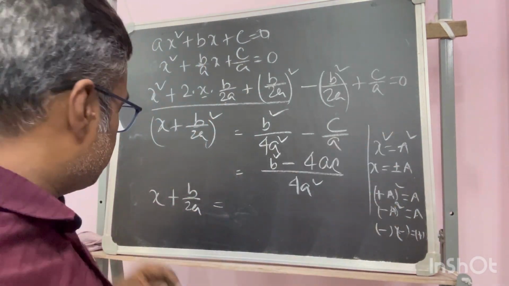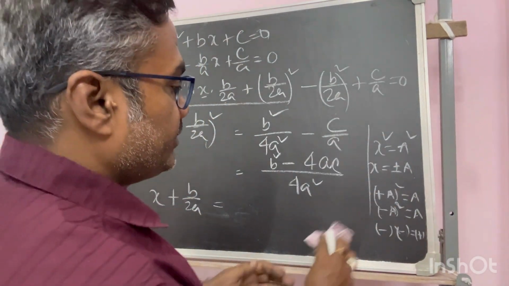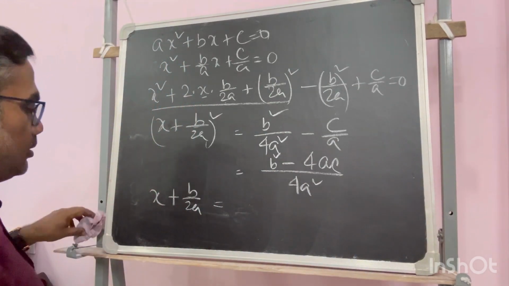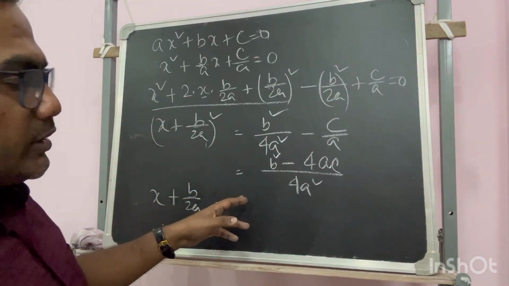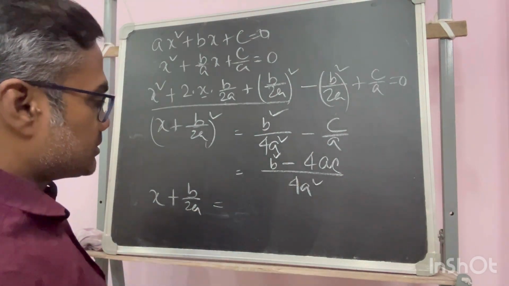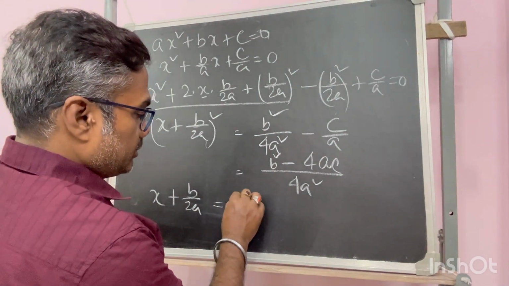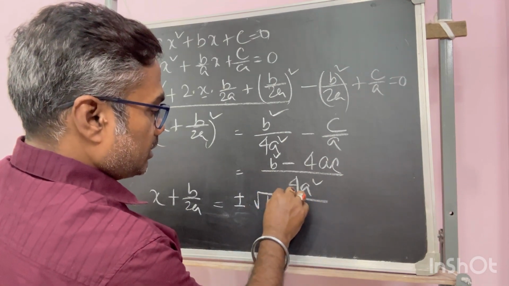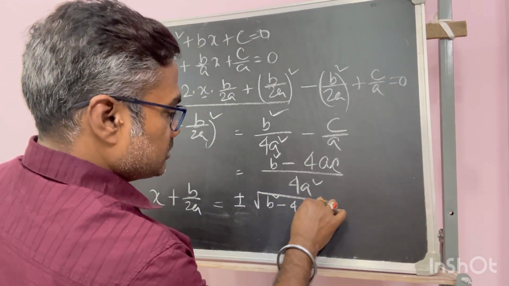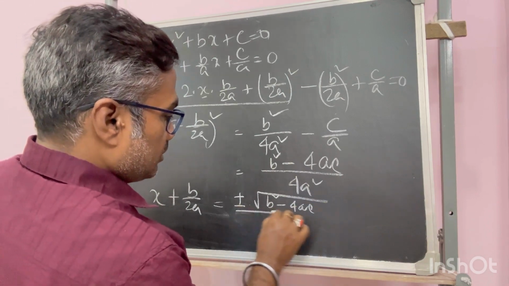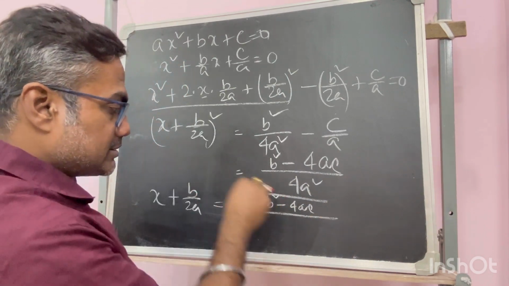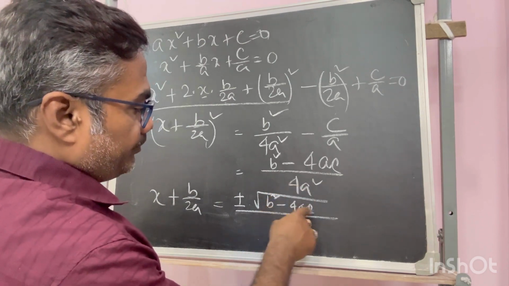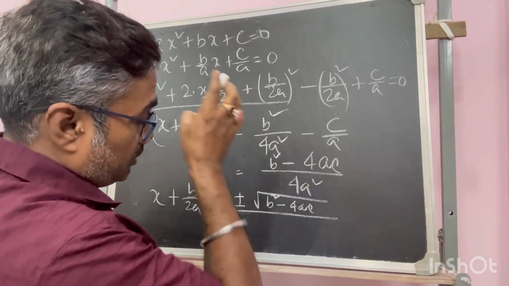So you know the two minus when multiplied become plus, and plus is obviously plus. So whenever you do the square root of a square, if it is a real number, then you have to take the plus minus sign outside. So this will come as plus minus, this will be under square root because this is not a perfect square, unless I can get some value that will turn it to a perfect square.